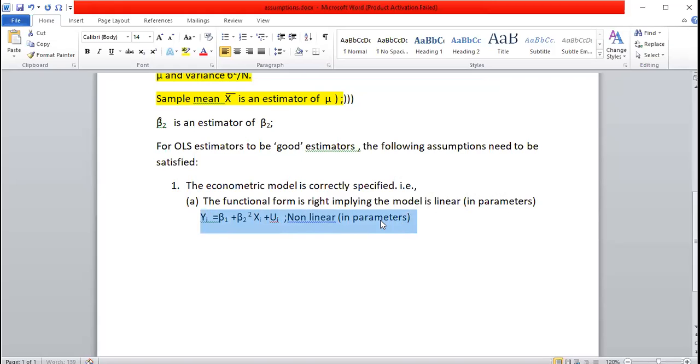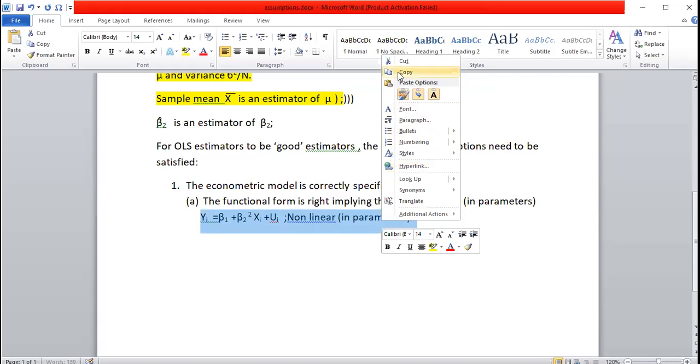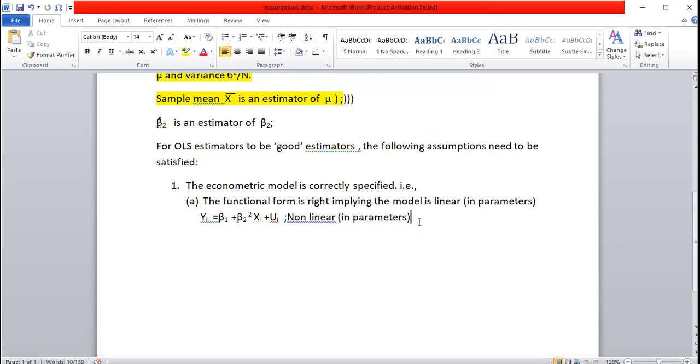How about a model like this? Is it linear? No, Professor, this is not linear.